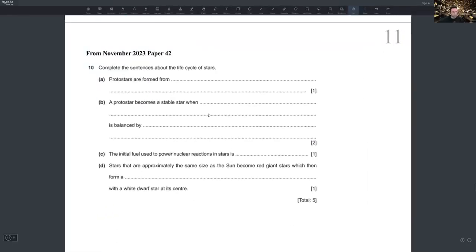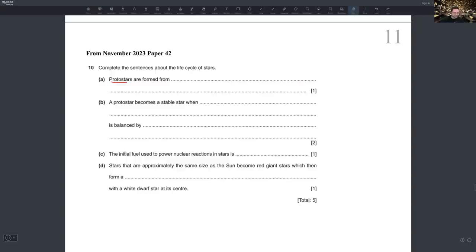Last question here. Complete the sentences about the life cycle of stars. Protostars are formed from a... Do you remember the order? What comes first? The nebula, exactly.